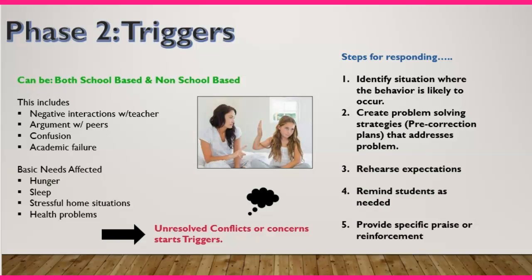The steps for responding are to identify situations where the behavior is likely to occur, create problem-solving strategies, which are pre-correction plans that address the problem, rehearse the expectations, and remind the students as needed. Make sure to provide specific praise or reinforcement to help the child to stay calm.